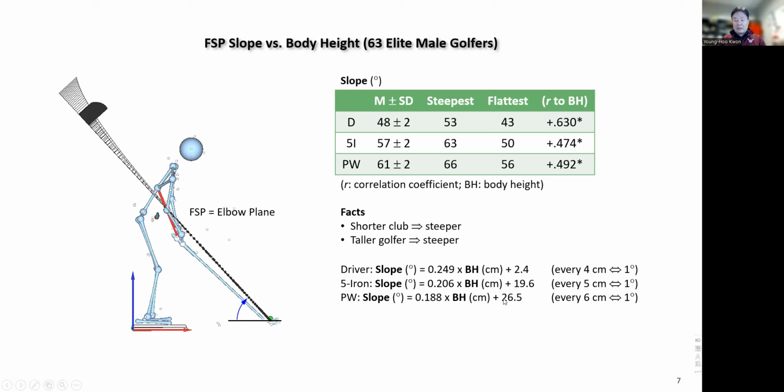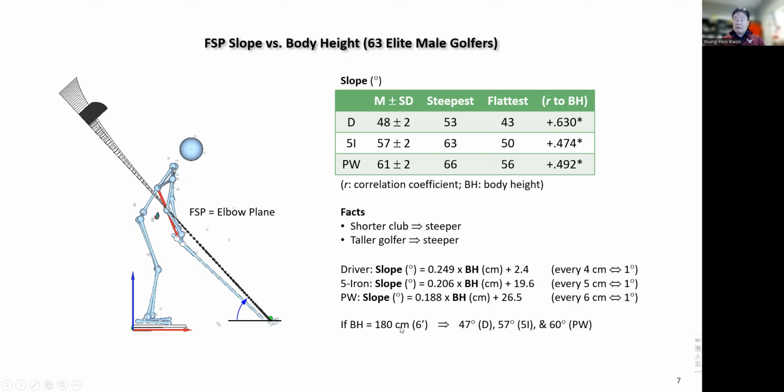Using these equations, for example, if the height of the golfer is 180 centimeters or 6 feet, then if you put this value in these equations, the expected or average slopes are 47 degrees for the driver, 57 degrees for the 5-iron, and 60 degrees for the pitching wedge. So we can compute the expected or average slope of the golfer for a given club condition.